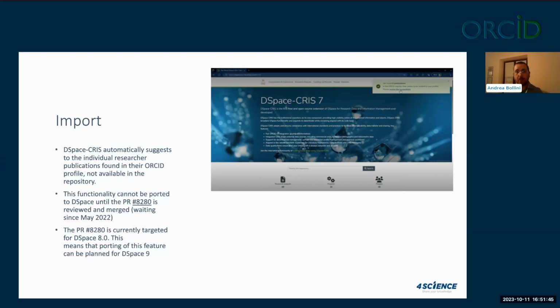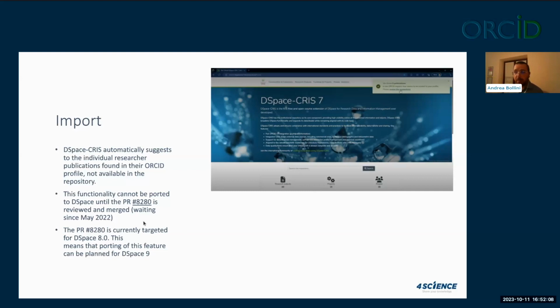So as soon as your researcher adds something to their ORCID profile, or another system adds something to the ORCID profile of your researcher, DSpace will be informed, and a notification message will appear for your researcher saying that there is content that they may be interested to import.